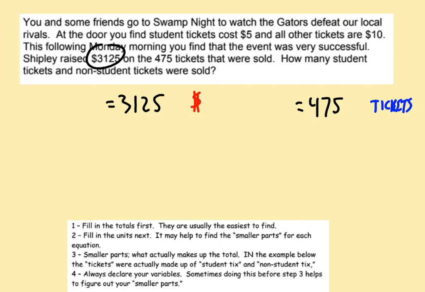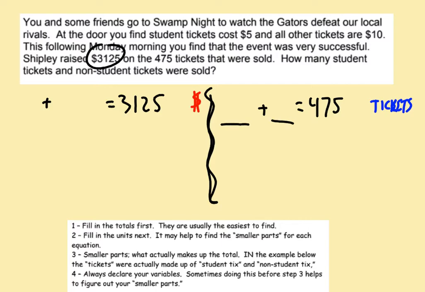So once I have that, I need my two parts. And my two parts are basically going to be, how did I get the totals? I'm actually going to start over here on the right with 475. That's how many total tickets were sold. So what are my two parts?